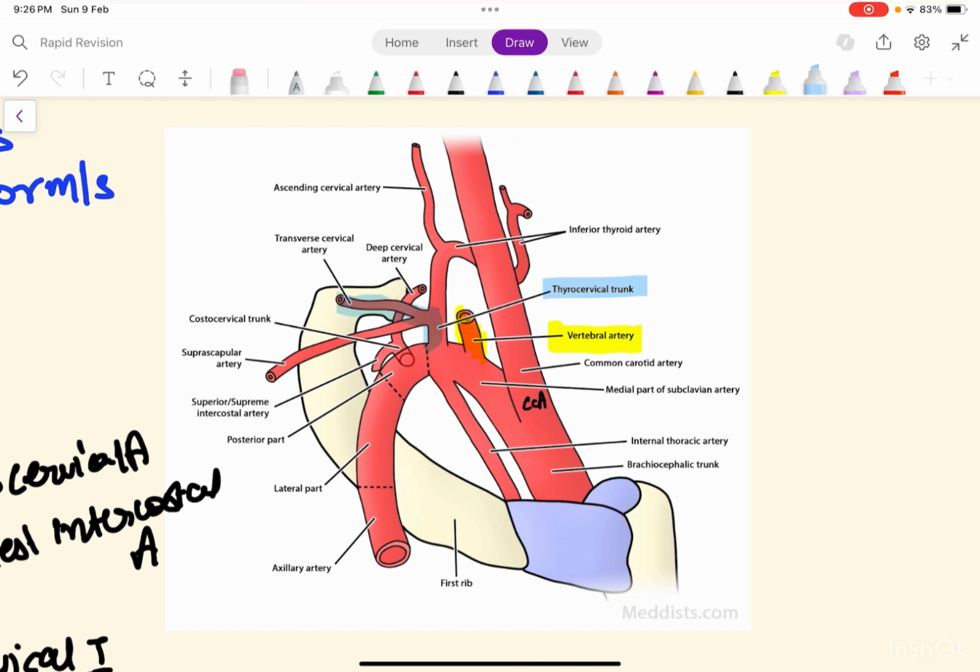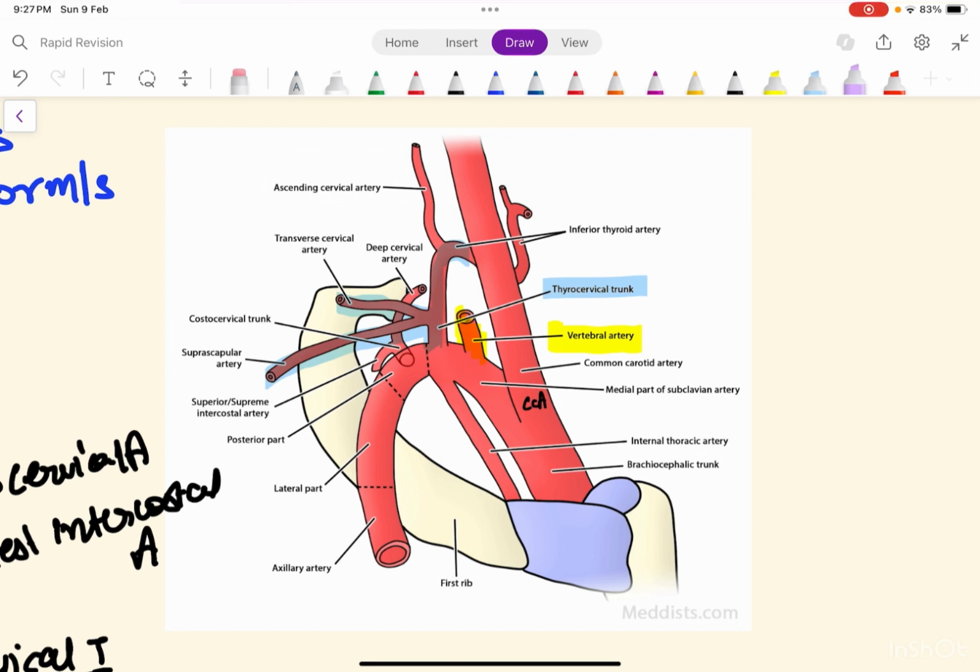Now see the branches of the thyrocervical trunk: the transverse cervical artery, then the suprascapular artery, and then we find the inferior thyroid artery. So these are the branches of the thyrocervical trunk.